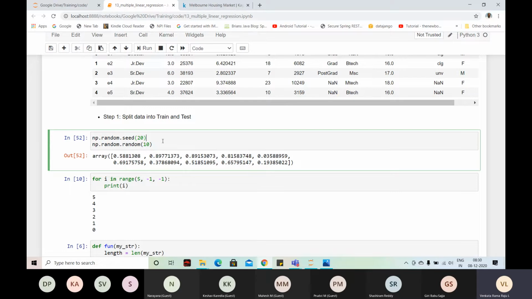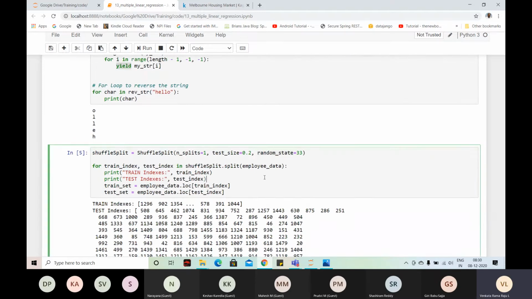So there are two formulas, one to generate the seed and another to generate random numbers, the range and all that, whatever Giri said. So we are fixing that base number by setting the seed. This seed is nothing but the random state in scikit-learn. What we are doing is we are setting a base number to generate these train indexes and test indexes.